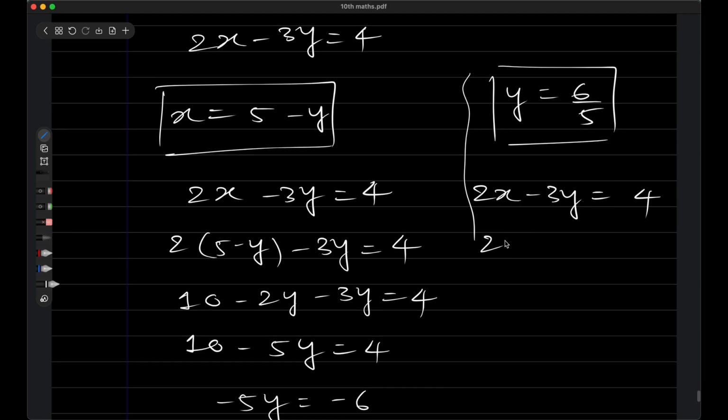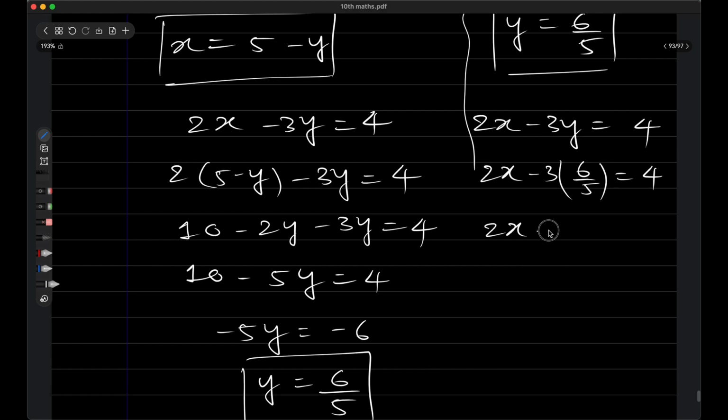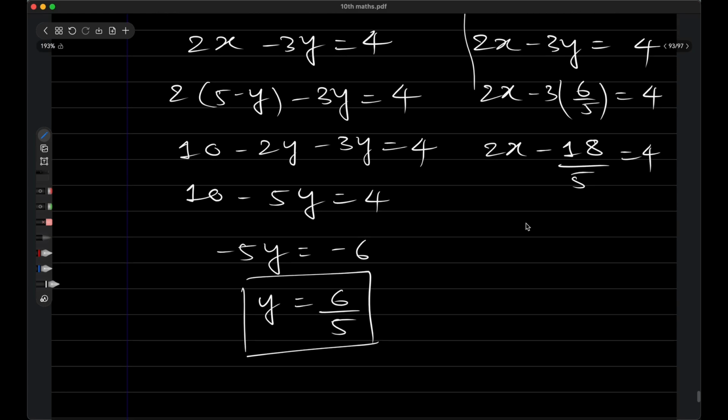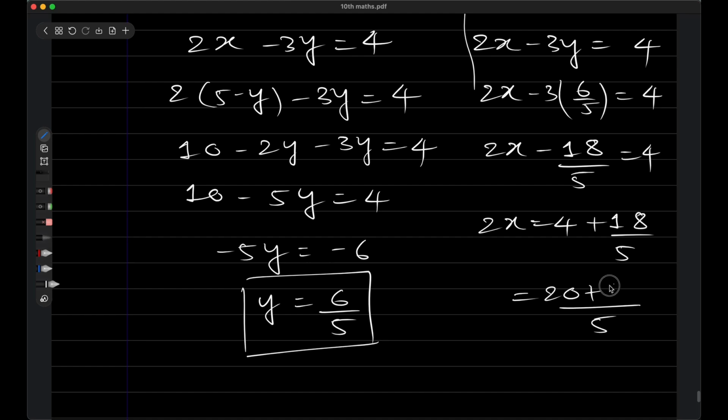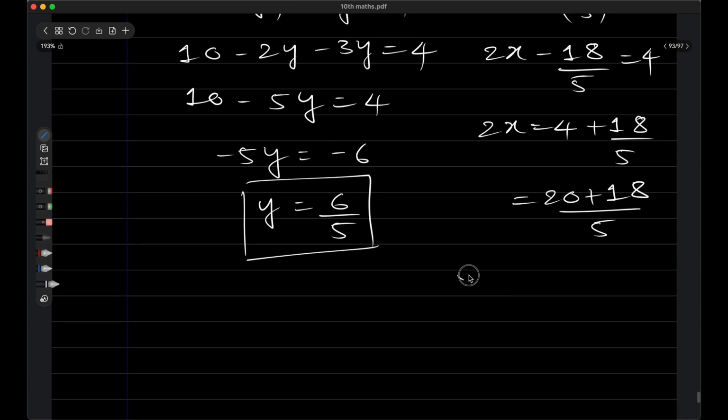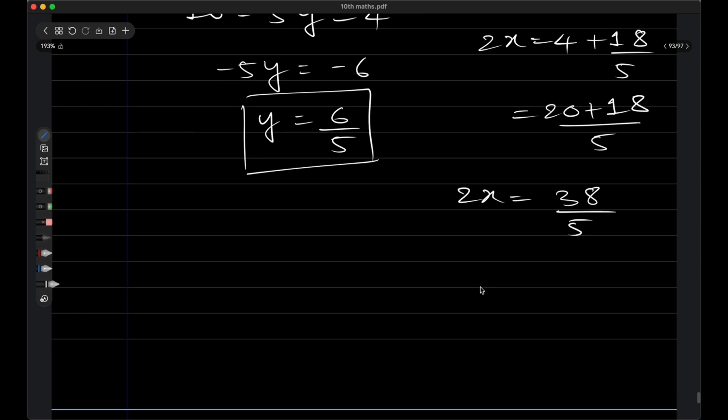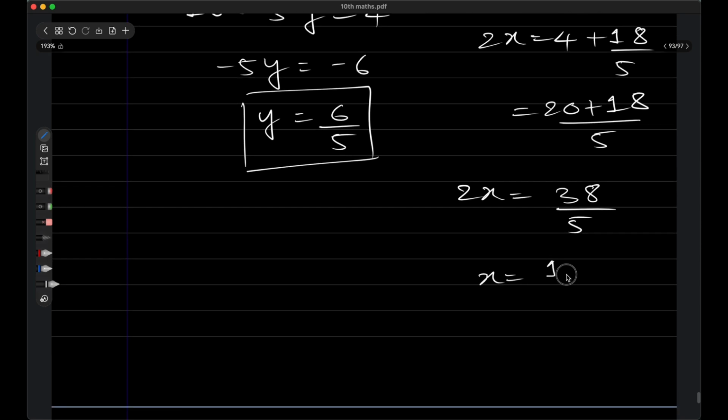We have y equals 6 divided by 5. 2x minus 18 divided by 5 equals 4. Taking LCM 5, 20 plus 18. We have 2x equals 38 divided by 5. x equals 19 divided by 5.